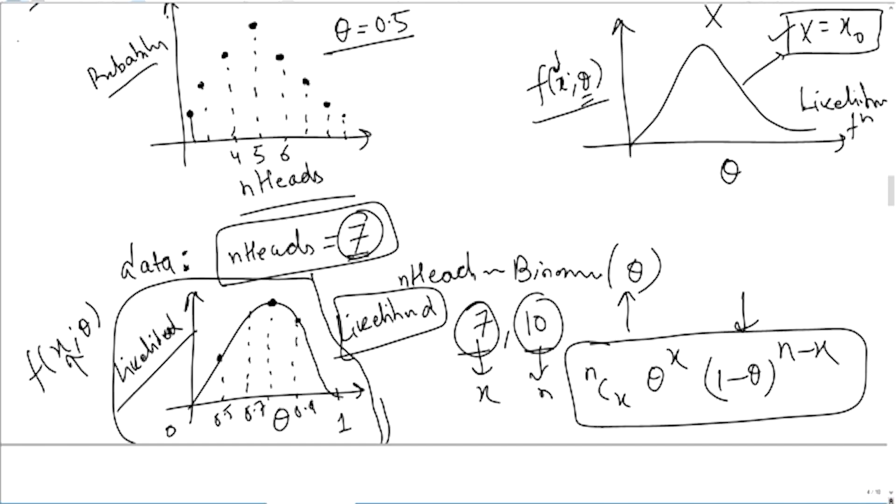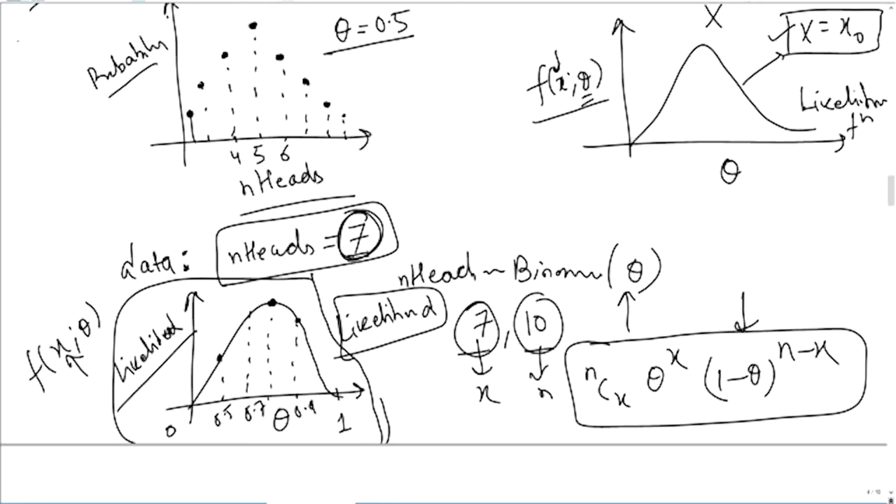So, what we are essentially showing in this graph is which values of theta are likely to generate this data. This is exactly what we want to do in parameter estimation. Basically, we are estimating the parameter here, that is, what value of theta might have generated this data.